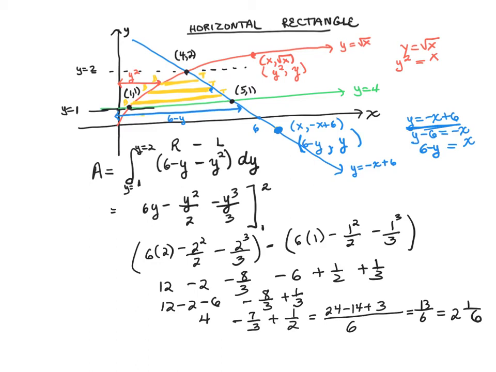And we see that if we integrate with respect to y, which requires a horizontal rectangle, then we only use one integral. So this is our answer, which is consistent with the other one.